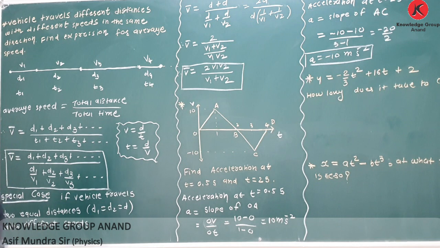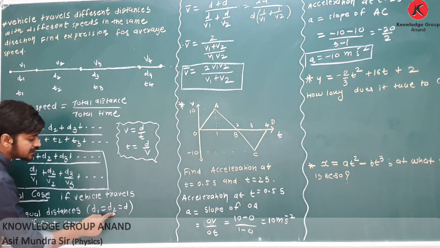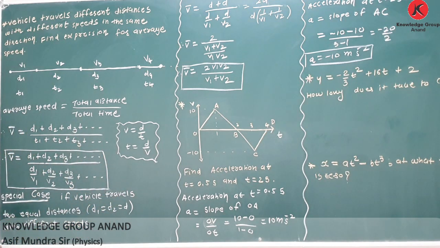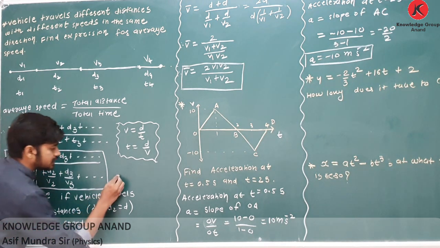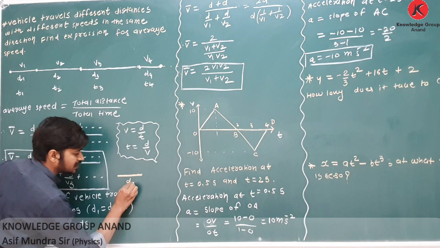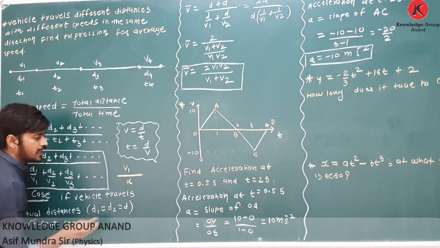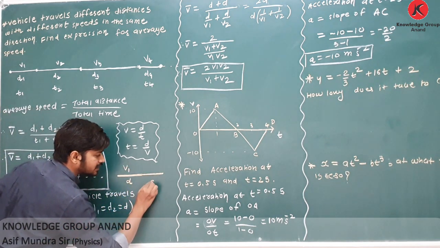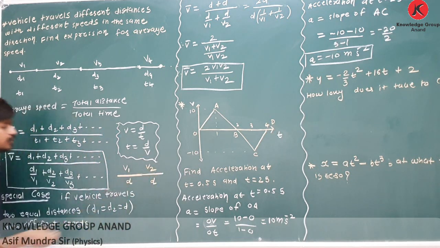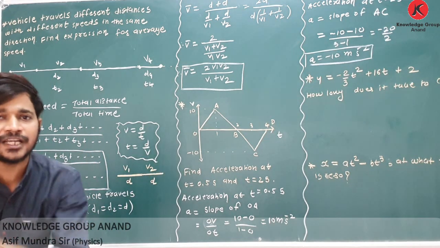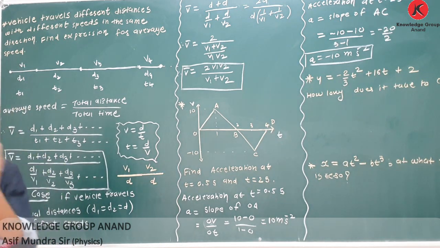But what is important is a special case. See, what is the special case? If the vehicle travels two equal distances, d1 is equal to d2 is equal to d, with different speeds. It means the first distance d is travelled with speed v1, and the second distance d is travelled with speed v2. Then during this journey, what is its average speed?